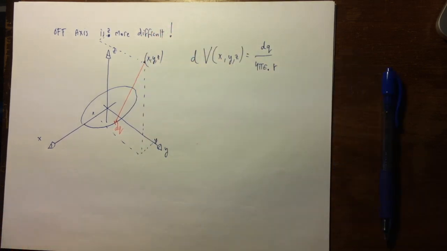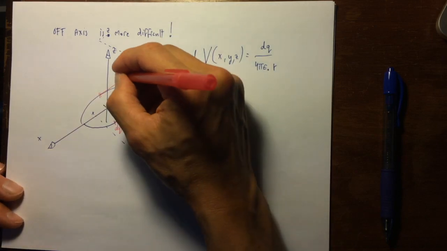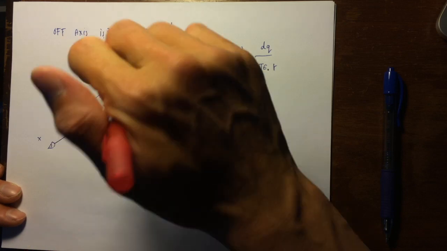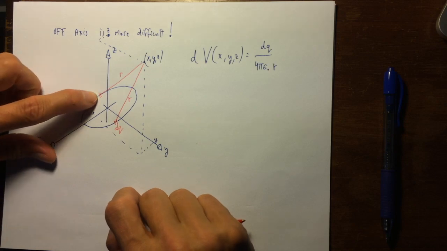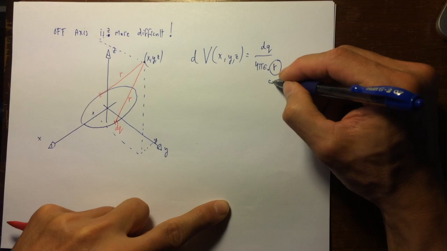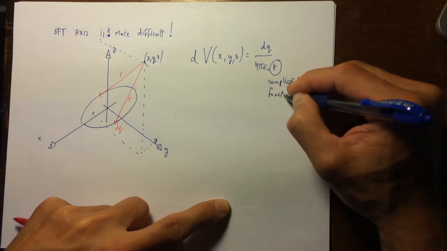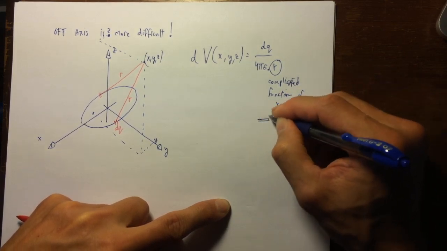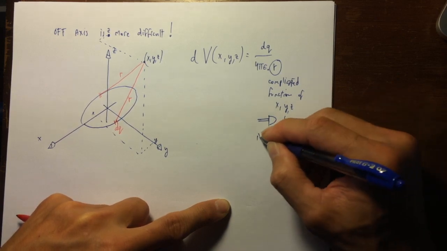And in this case, different charge elements will have different r values. So this is r when we're talking over here, and this is a different r when we're talking about charge elements on the back side. So this is a complicated function of x, y, and z, and this leads to a difficult integral.